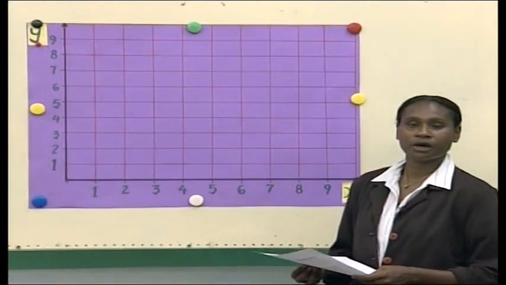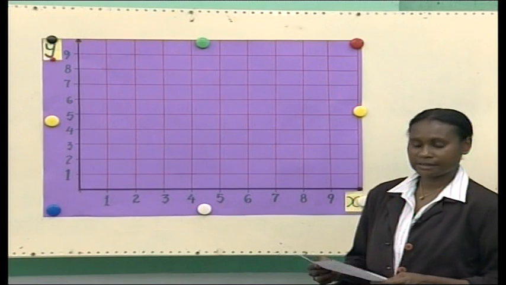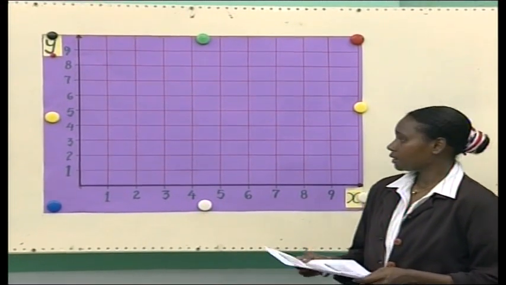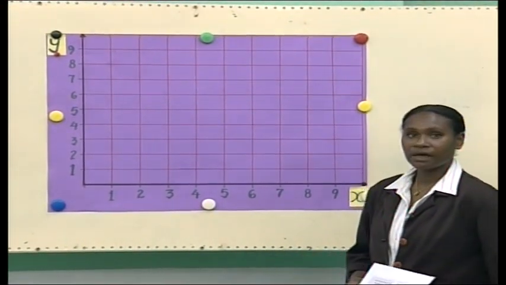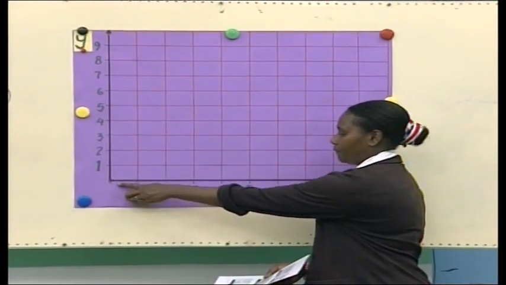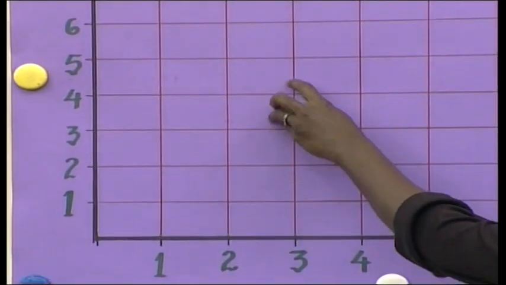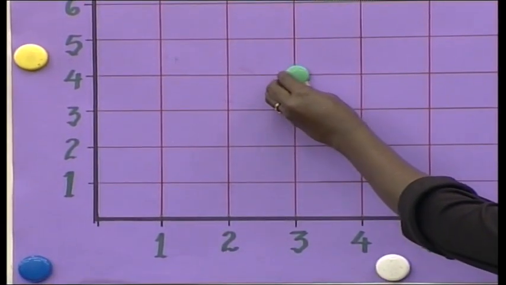Remember, we are reading along the x-axis first, then up the y-axis. Okay, we have A, 3, then we have 4. And this is where letter A is.